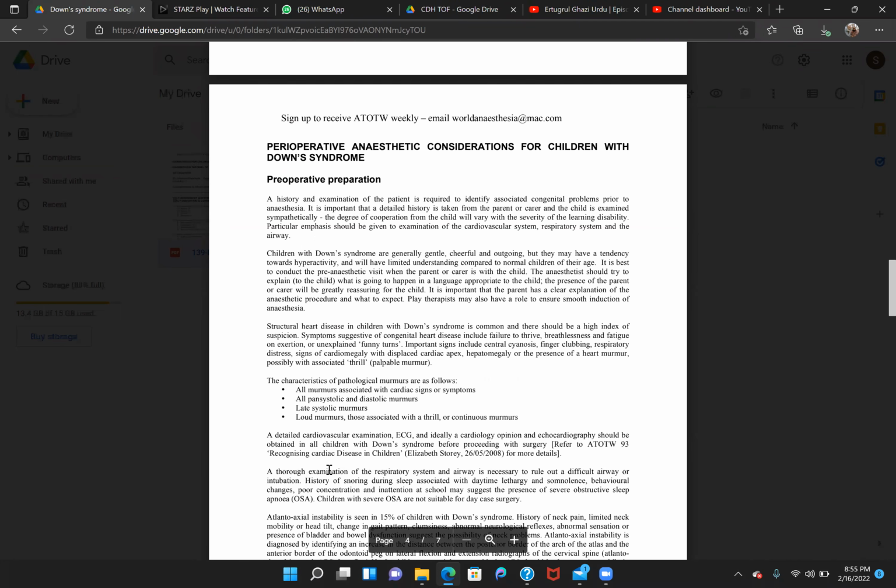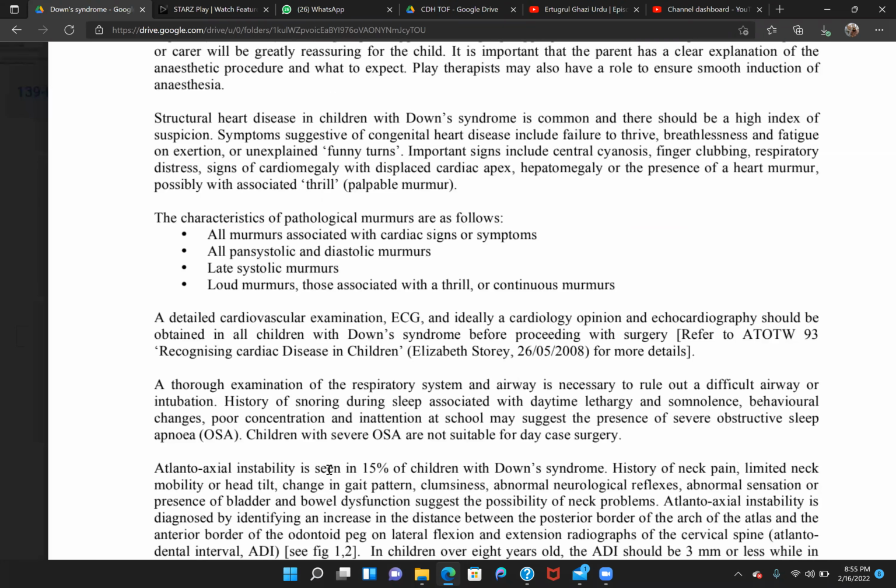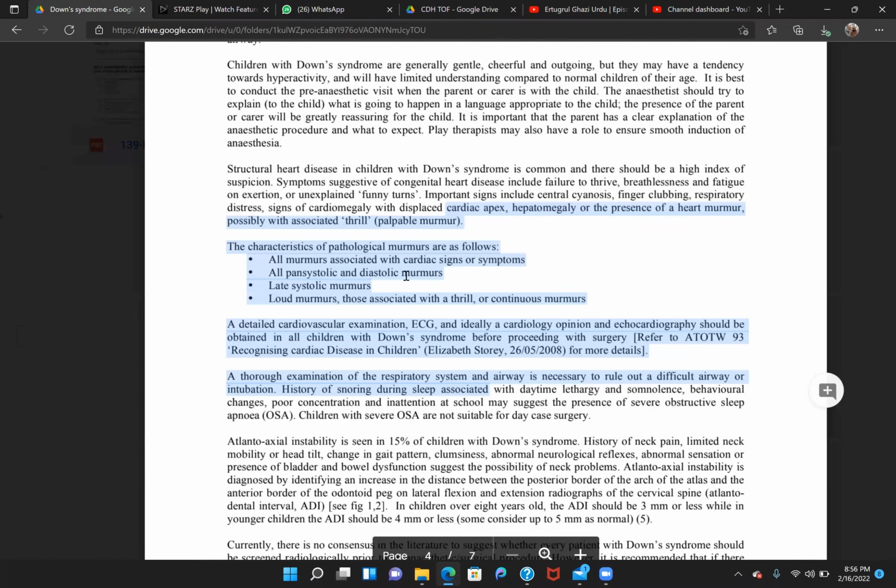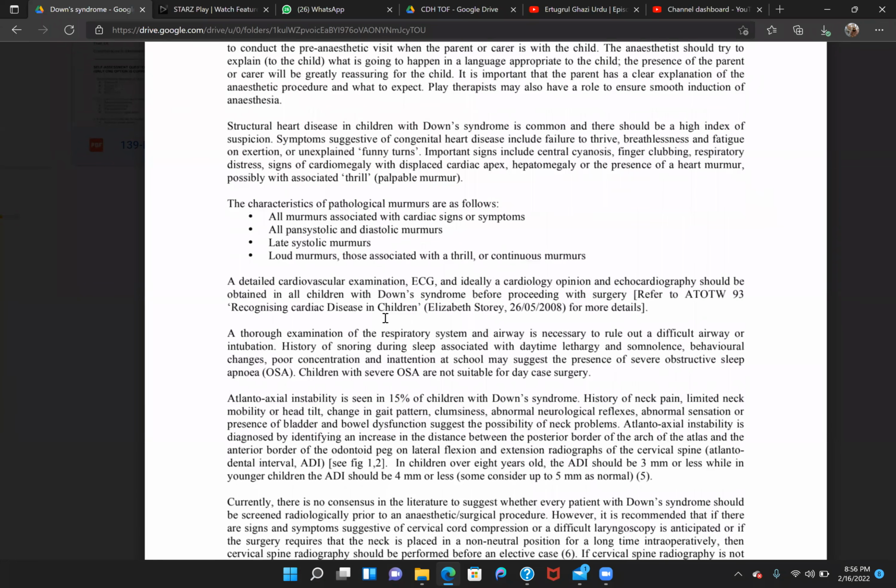Yes, this is another thing which they will be asking you: what murmurs are important. All murmurs associated with cardiac signs or symptoms will be important. All pansystolic and diastolic murmurs, late systolic murmurs, loud murmurs, and those associated with a thrill. Innocent murmurs are what is left.